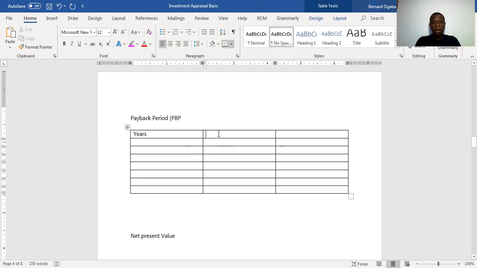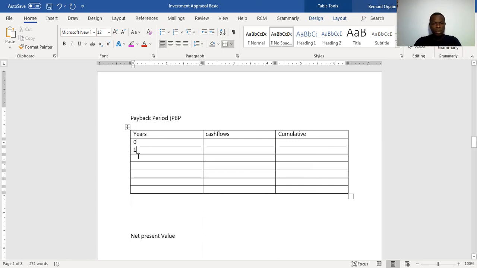Cash flows. This next column is not necessary anyway, but I'm just putting it for the purpose of understanding.